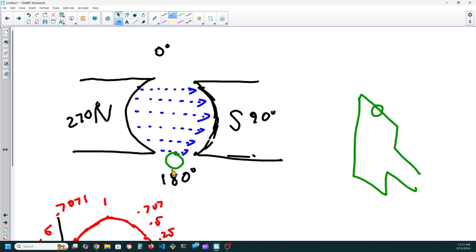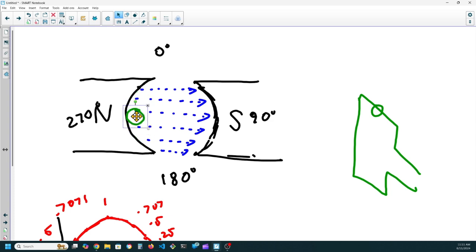So here, when we get to 195 degrees, we're at negative 0.25. And when we get to 210 degrees, we're at negative 0.5. And when we get to 225 degrees, we're at negative 0.7071.